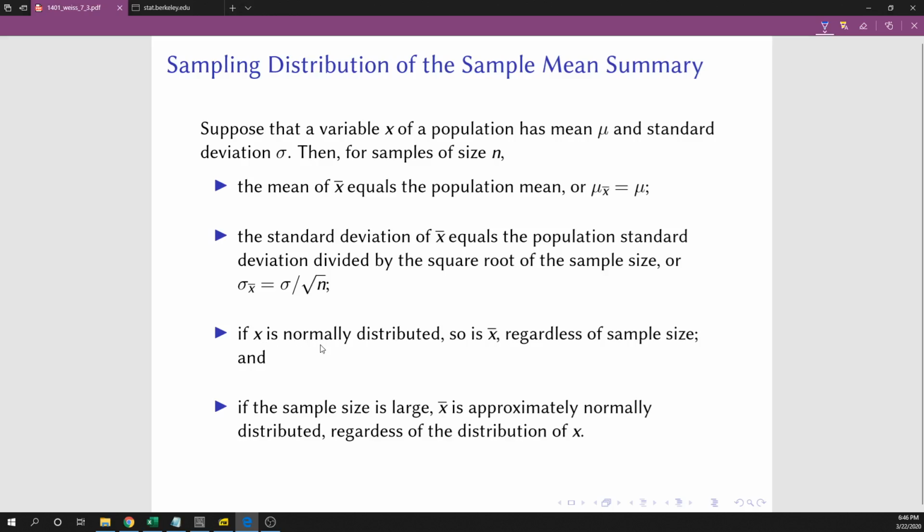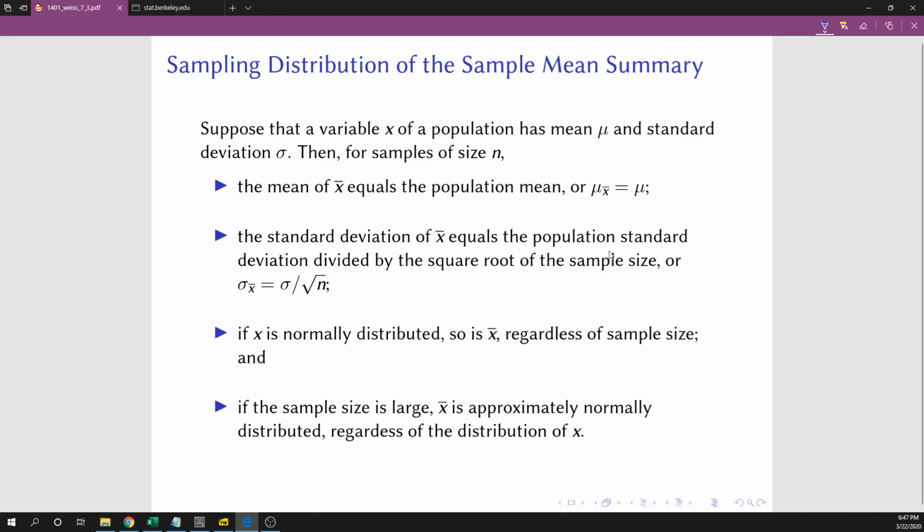If x is normally distributed to start with, then so is x bar, regardless of the sample size. And then if x is not normally distributed, then the distribution of x bar is approximately normal, regardless of the distribution of x, as long as the sample size is large, and that's 30 or more.